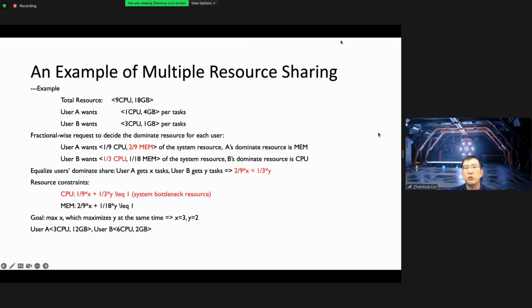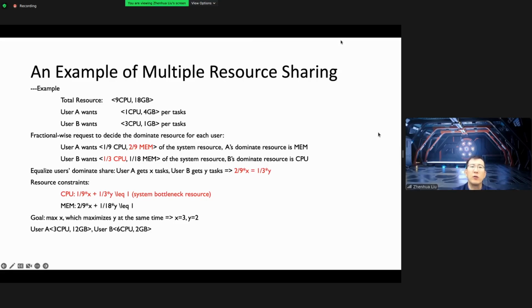So in order to do that, you want to first normalize the user's demand, right, by the total resource. In this example, user A needs 1 CPU, and the system has 9 CPU in total, right?